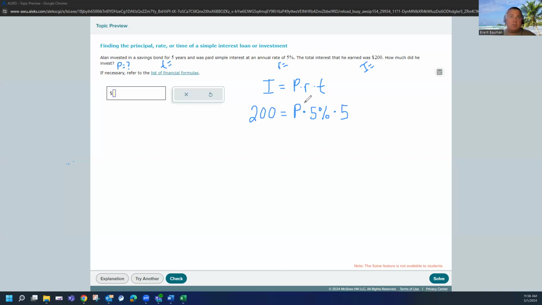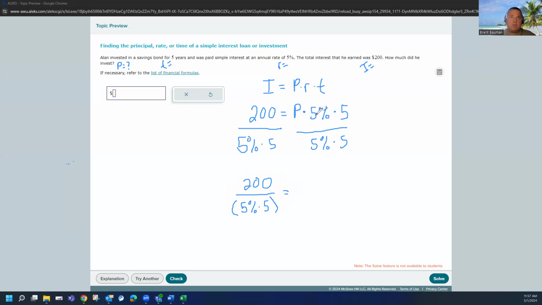Now, all of this is multiplication, so all we need to do is divide over what we're not interested in, and that should leave us with the P by itself. So if I divide both sides by 5% times 5, I get 200 divided by, now I'm going to use Excel for this, so I'm going to put parentheses around the denominator of 5% times 5, equals.